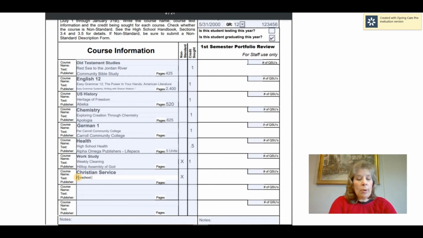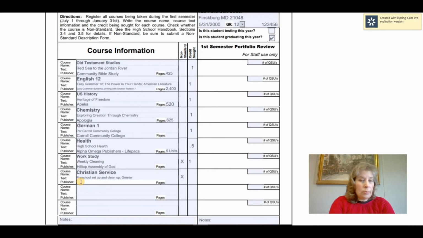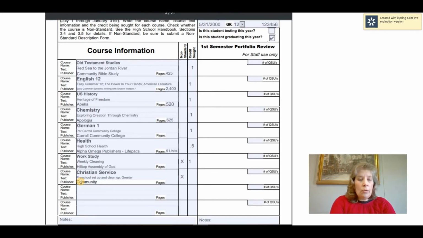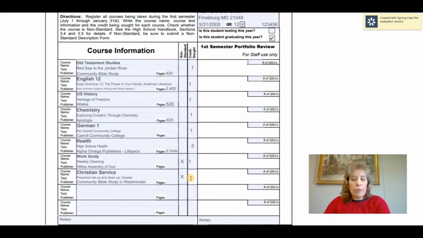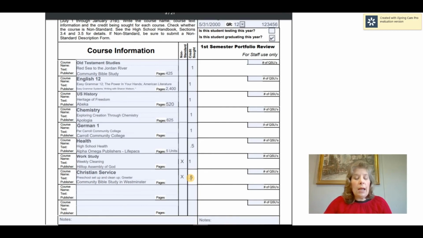So he is helping with the preschool set up and clean up, and he is also a greeter each week. For publisher, because there is not a publisher, we will just state that it's Community Bible Study, and then we're going to put the location in Westminster. There are no pages. This is a non-standard course. We will fill out the form later in this packet, and we are seeking half of a credit.